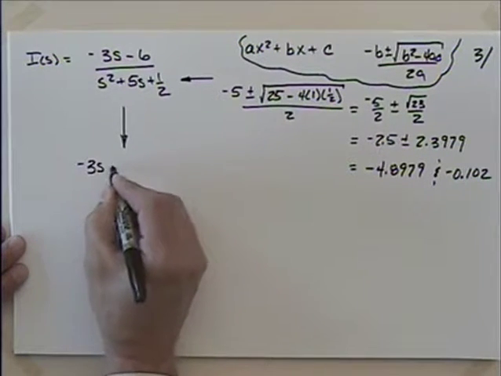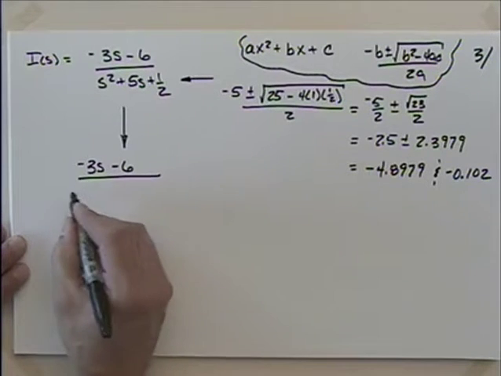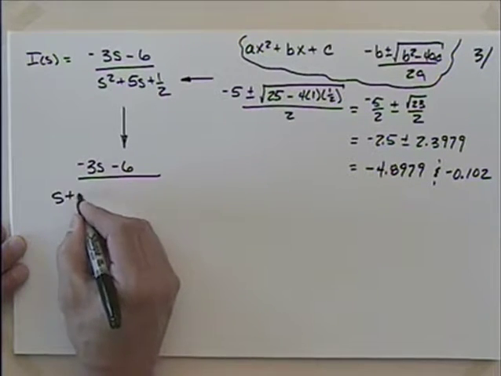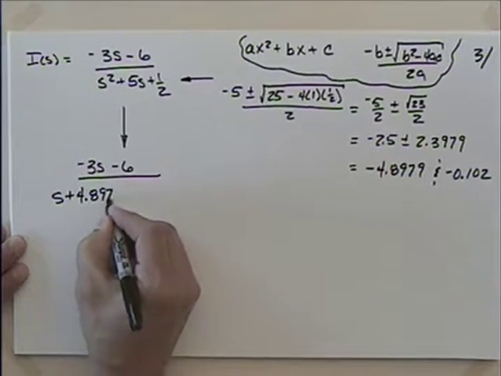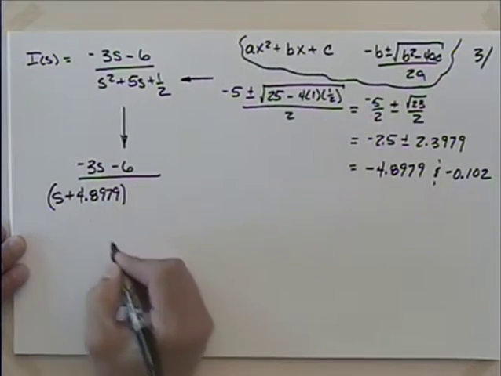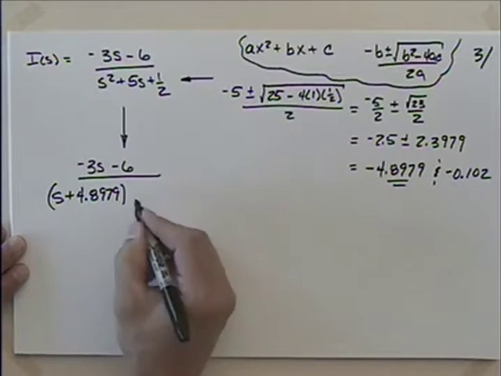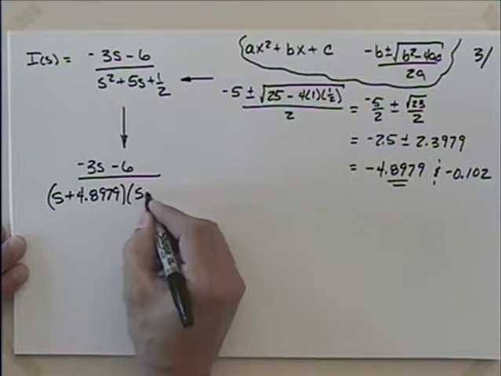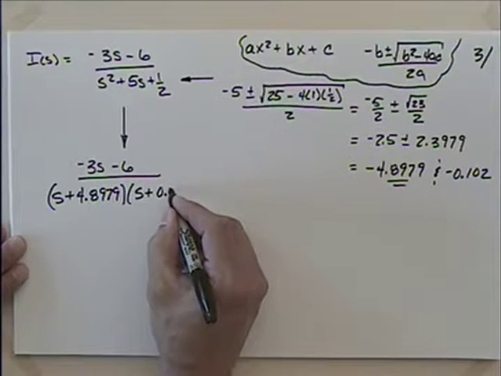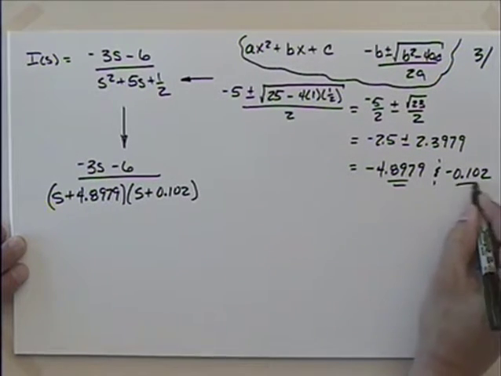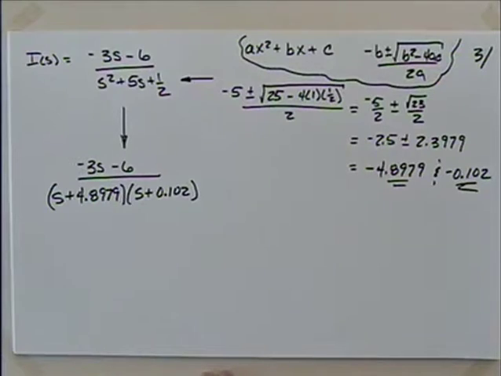Okay. So I could say then that I could represent this, if I wanted to, as minus 3s minus 6 divided by s plus 4.8979. Yeah, because I've got that root. And then this as s plus 0.102, because I've got that one. Okay, so I've got that.